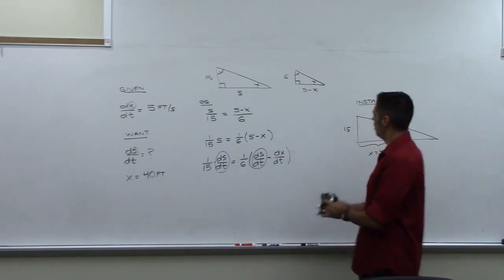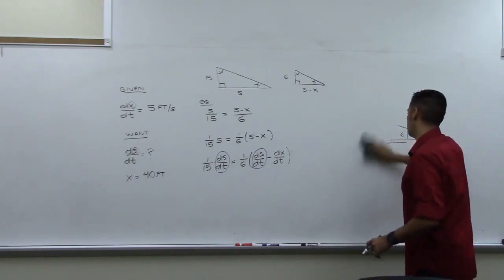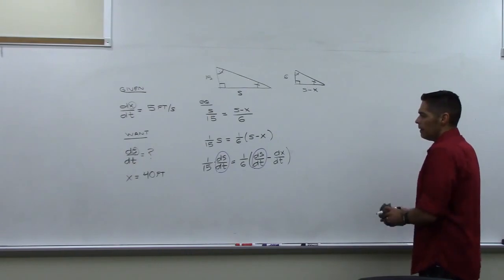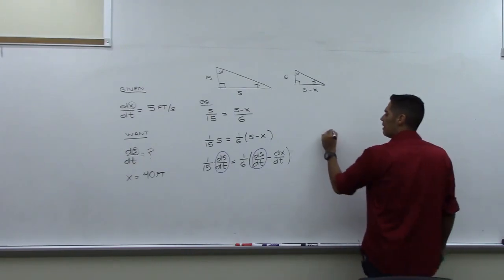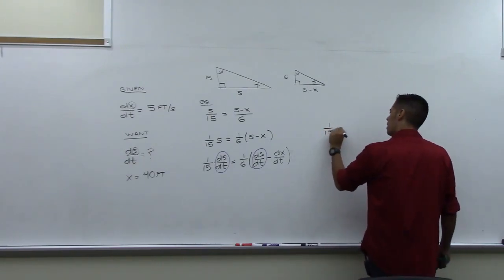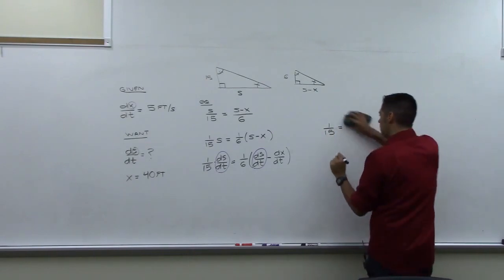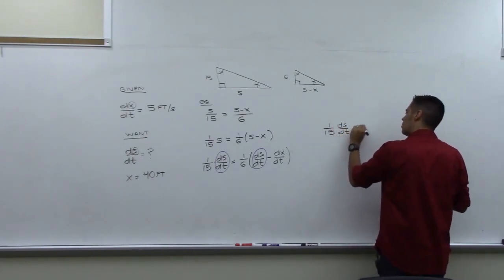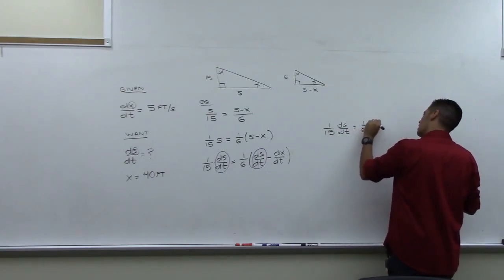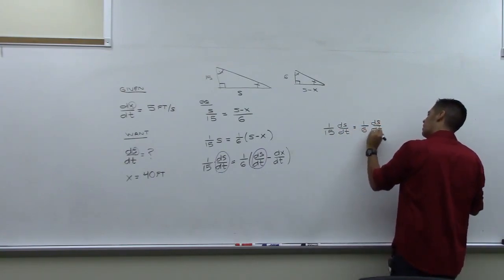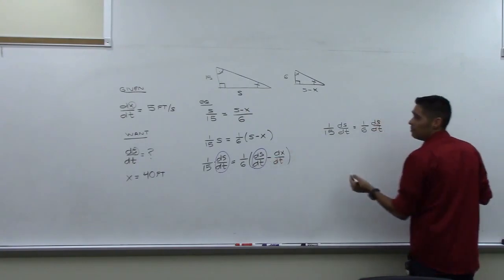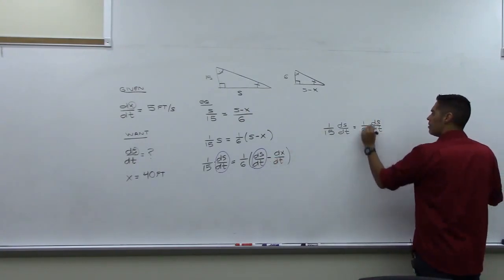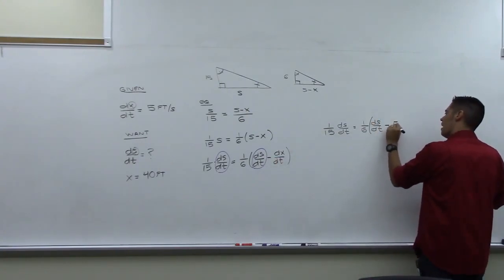That seems weird, at least for most people that seems awkward. But let me plug things in. I've got 1/15 ds/dt equals 1/6 ds/dt, and then minus, that was 5, so I'll say minus 5, like that.